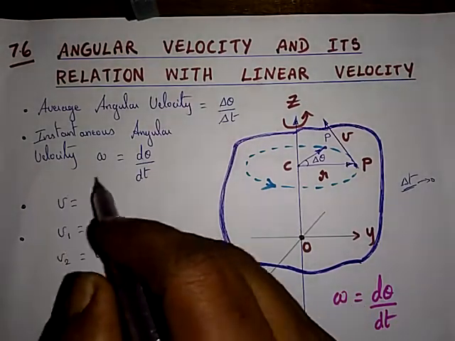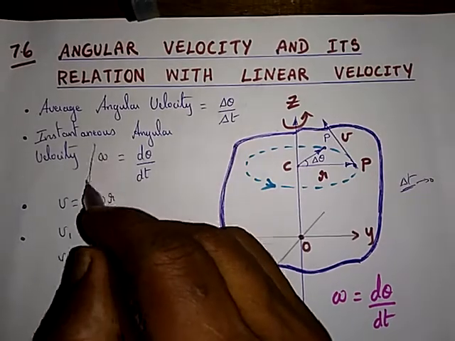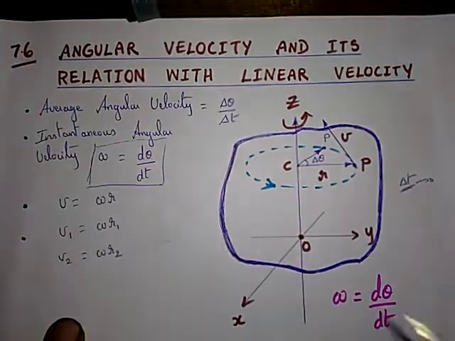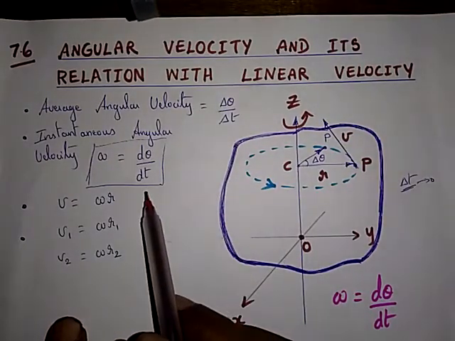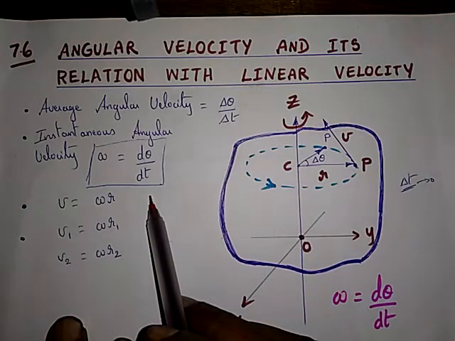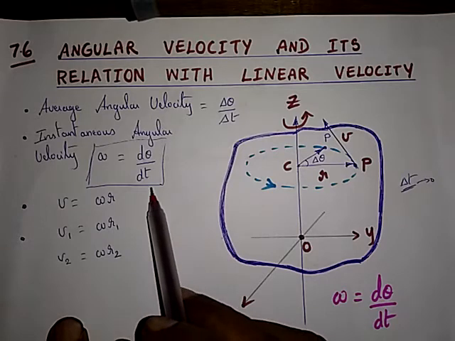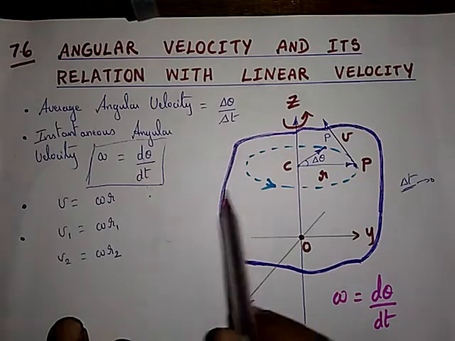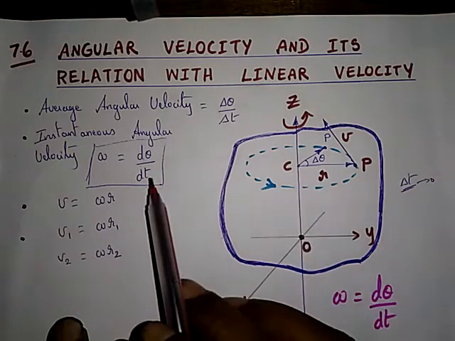Now this is the relation for omega, the instantaneous angular velocity, in terms of theta and time, that is, rate of change of theta with respect to time.